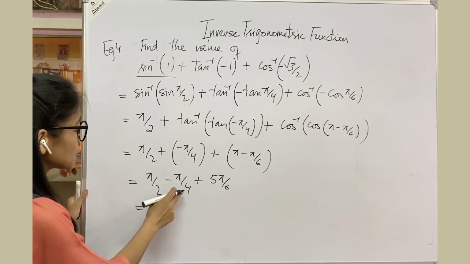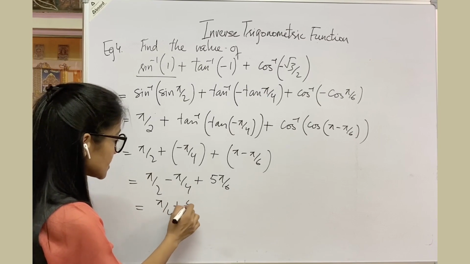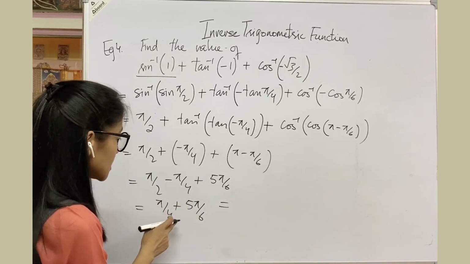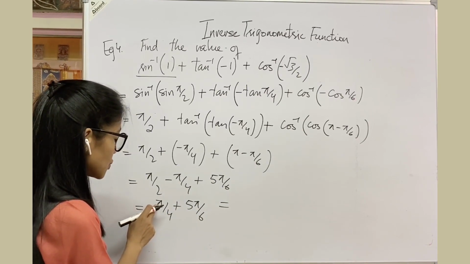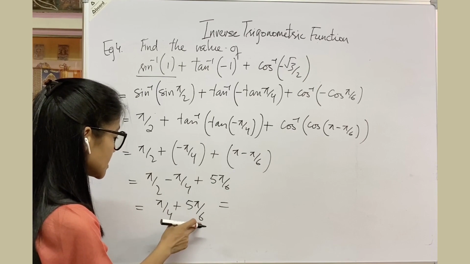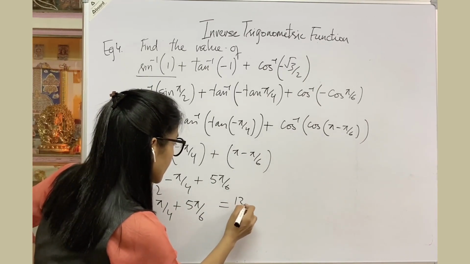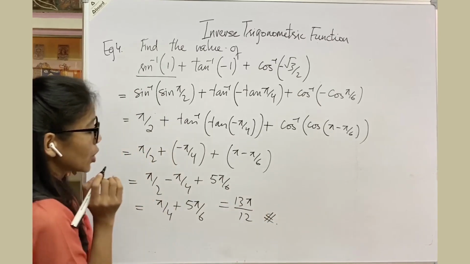So pi by 2 minus pi by 4 is pi by 4, plus 5 pi by 6, which is equal to, 6 2s are 12, 10 plus 3, 13 pi by 12. So this is how you will solve it.